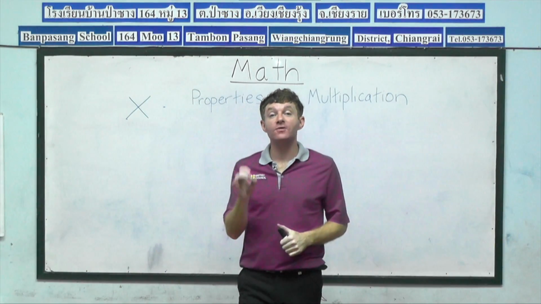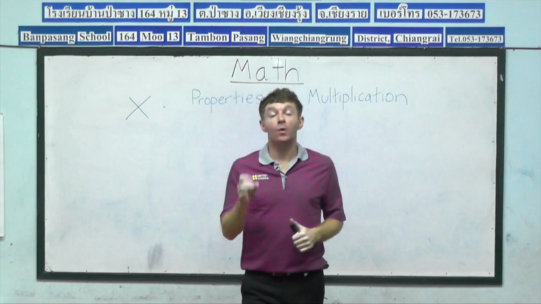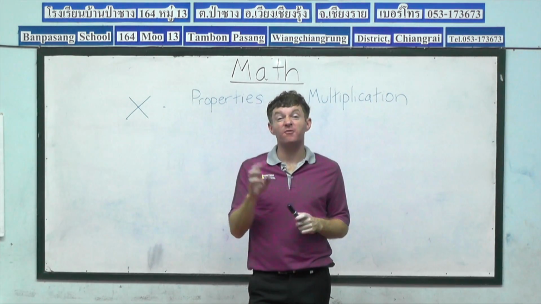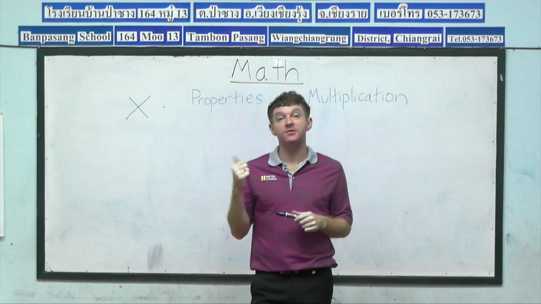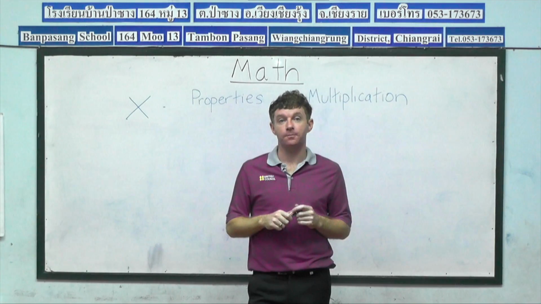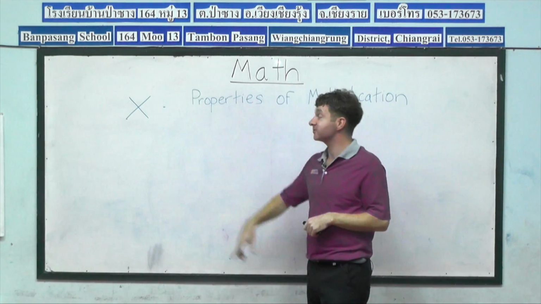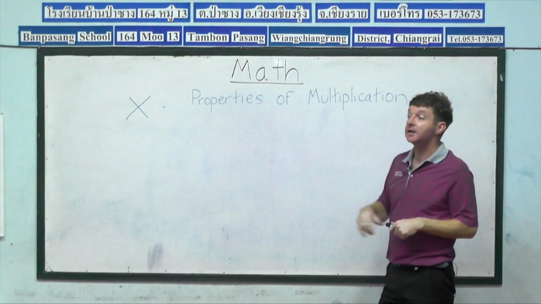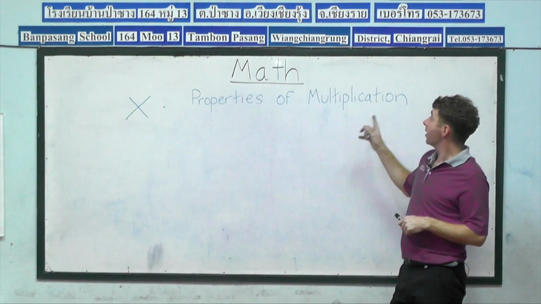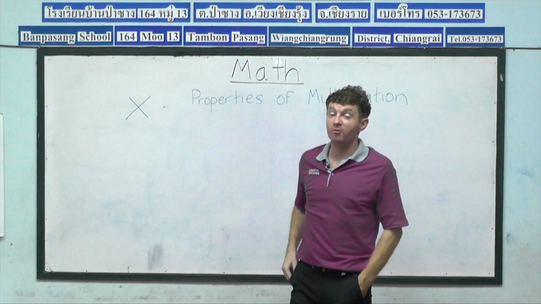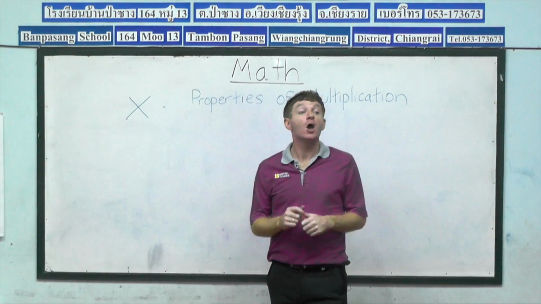So now we're going to do a board exercise where we will learn how to do multiplication problems using the 4 different properties that we've seen in the PowerPoint video. So first of all, we'll go through our different properties of multiplication. Okay, and the first property that we're going to look at, commutative.